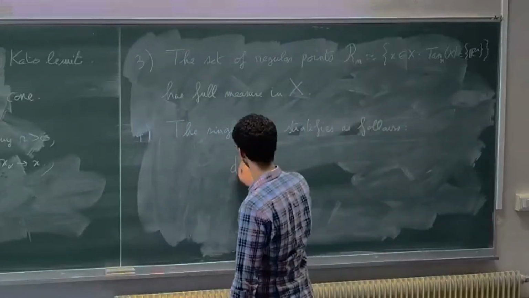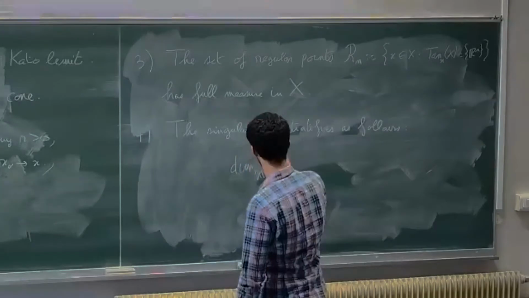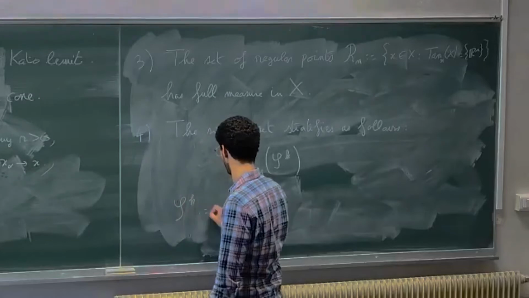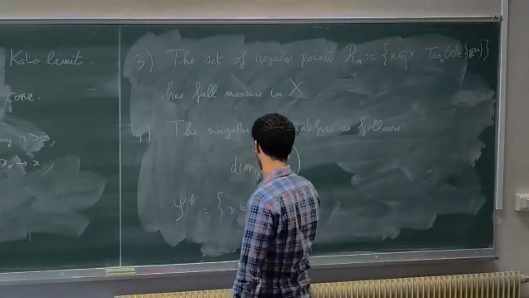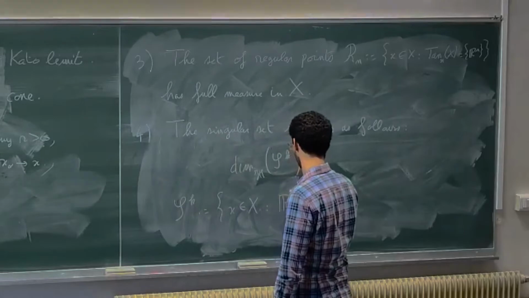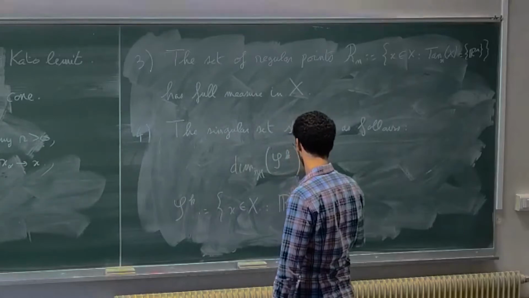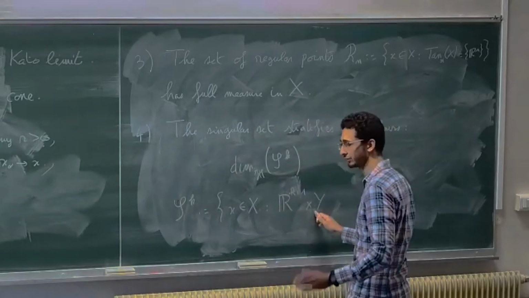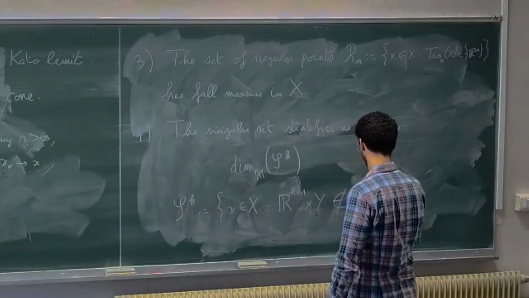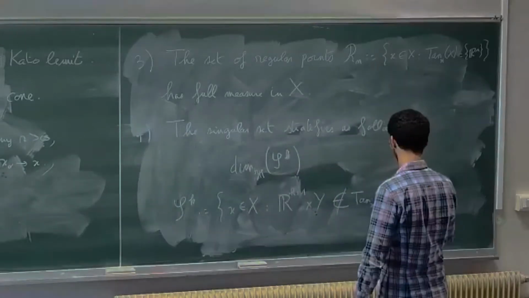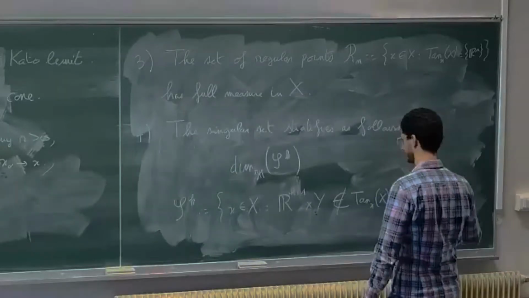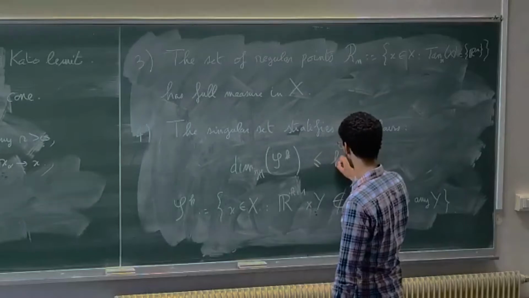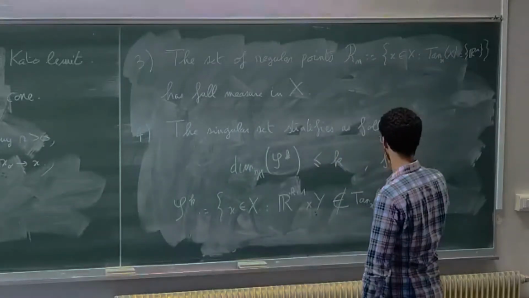The Hausdorff dimension of the set S_k, which is by definition the set of points where you can find a tangent cone that splits k+1 lines, is bounded from above by k.